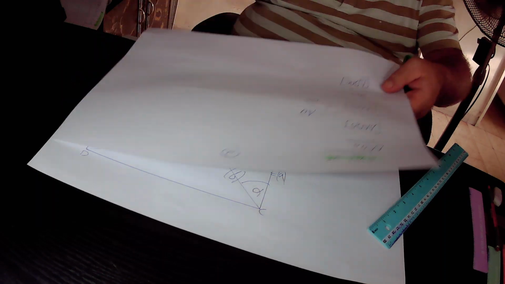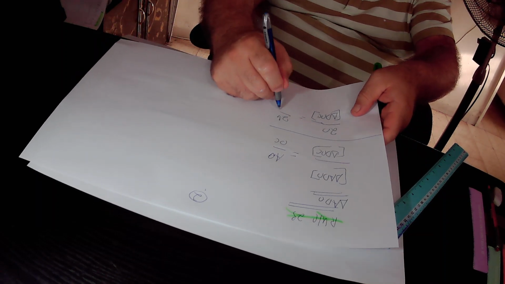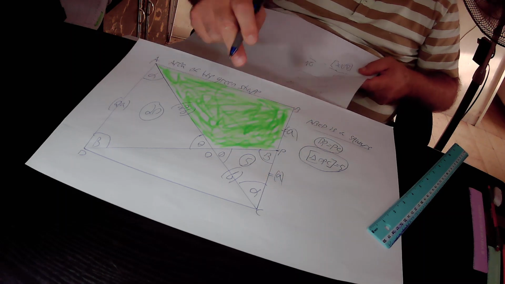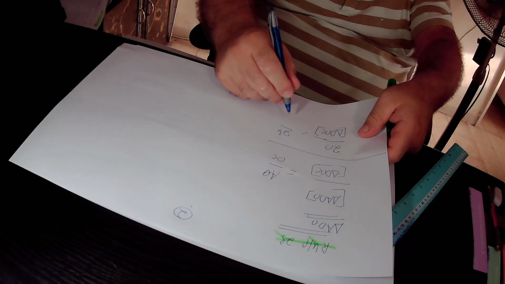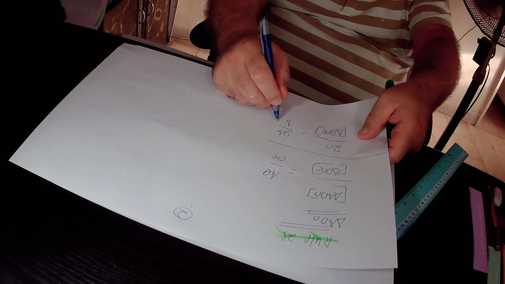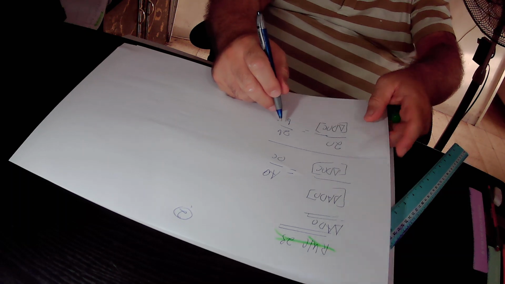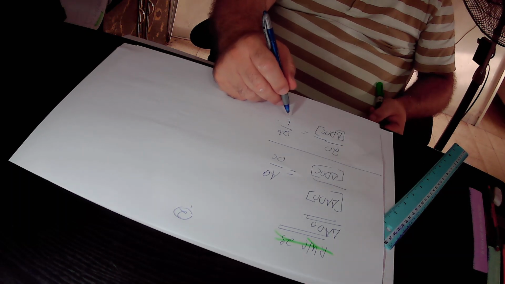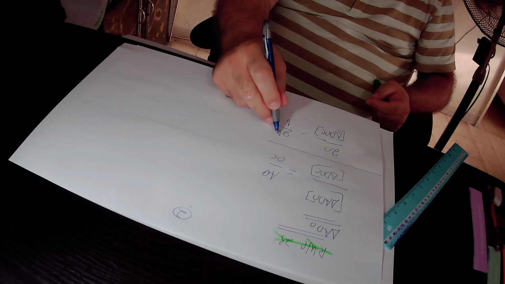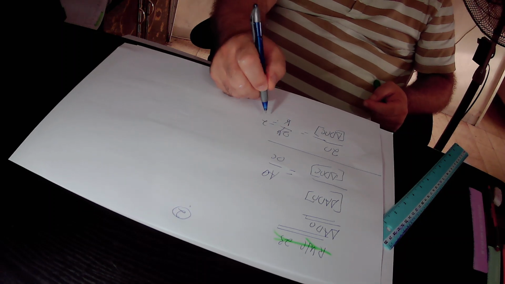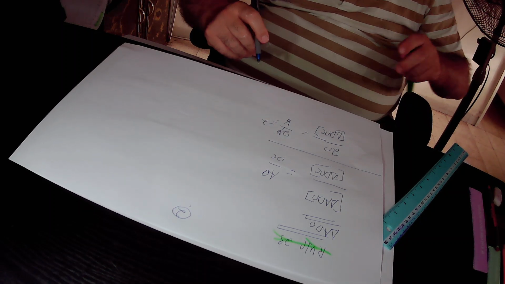AO is 2B, OC is B. So in total it is 2B over B. We have B in the numerator and B in the denominator, so B will get cancelled, and we are left only with 2.